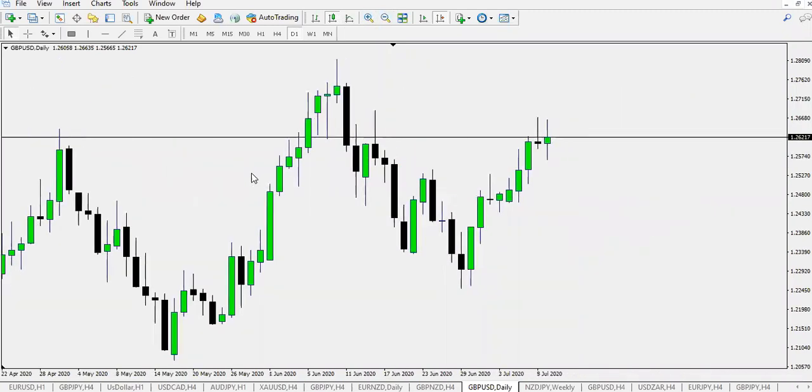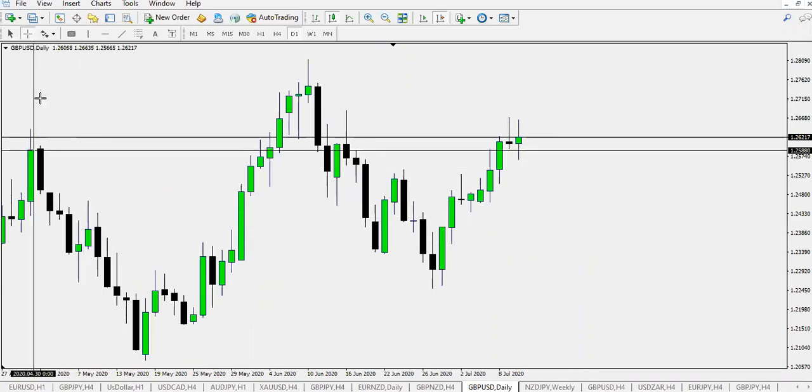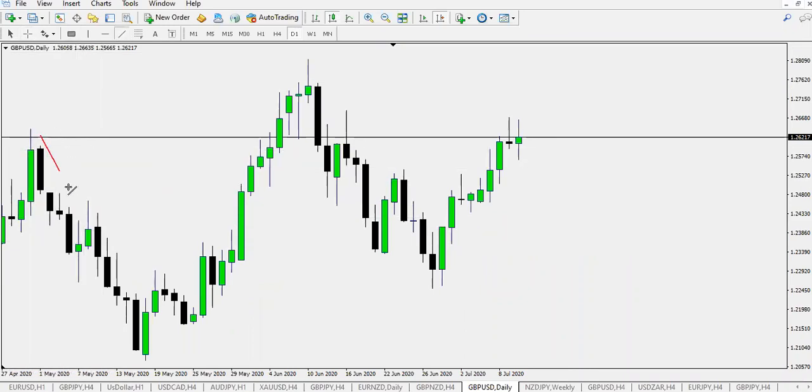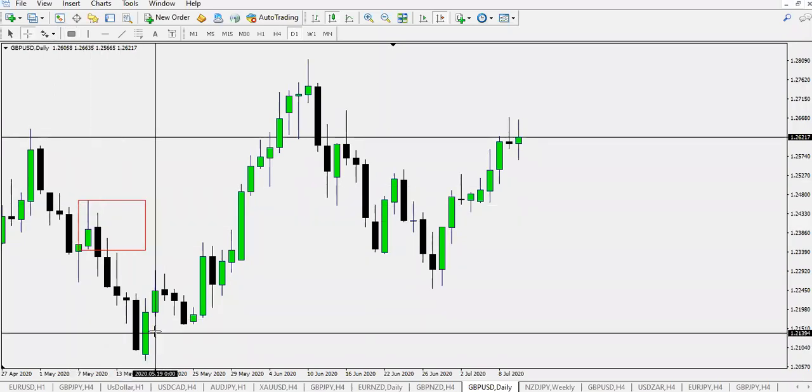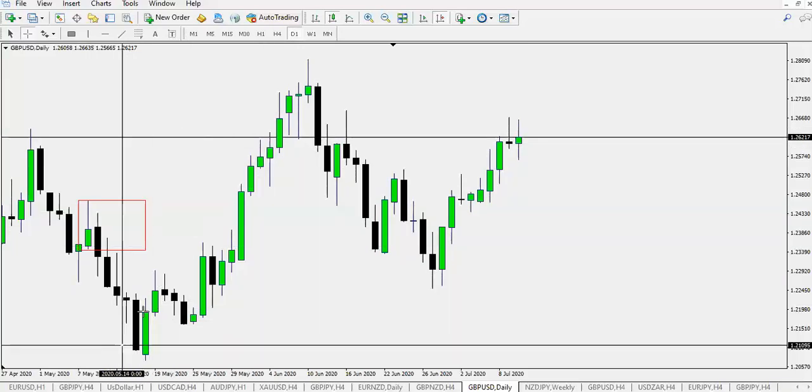Well, if we had followed the order flow from this zone over here, we can see that price is heading down. So obviously price is bearish over here, and this order block over here was the last bearish order block before price rallied above this level over here.